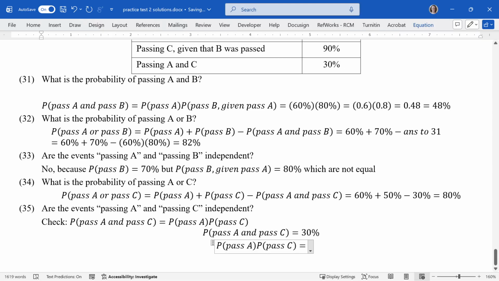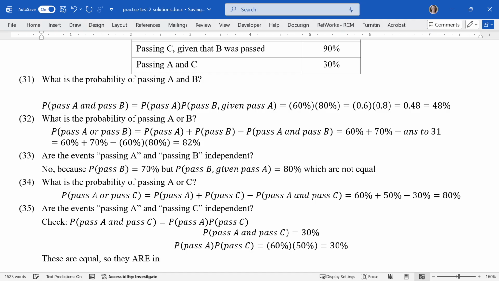So I think they actually are. So this is going to come out to the same number. Okay, these are equal, so they are independent. Interesting. So topics on those two tests must be completely different if the events are considered independent. Interesting.